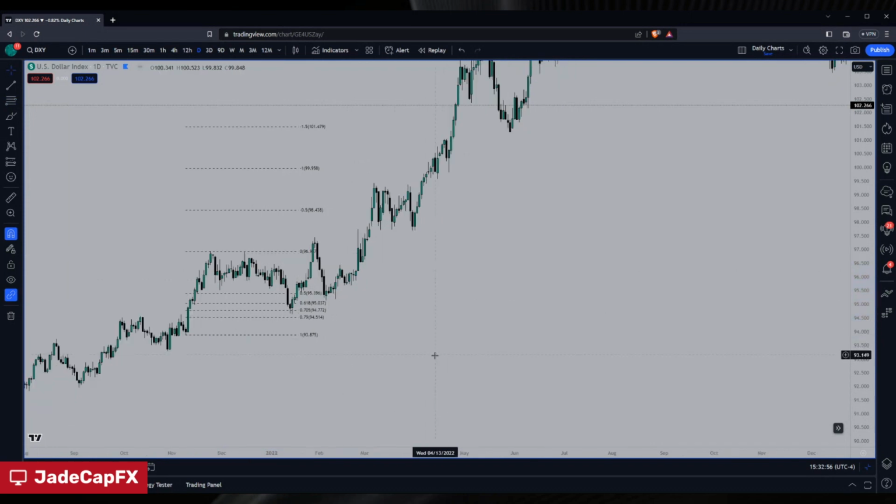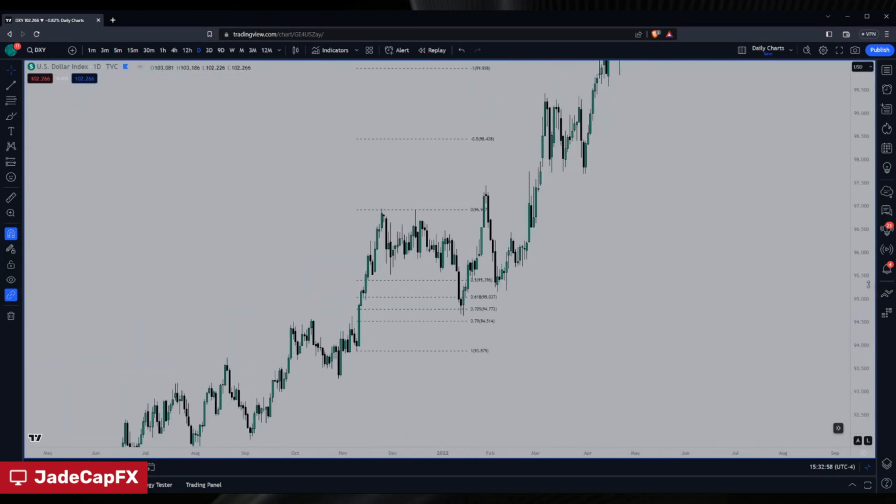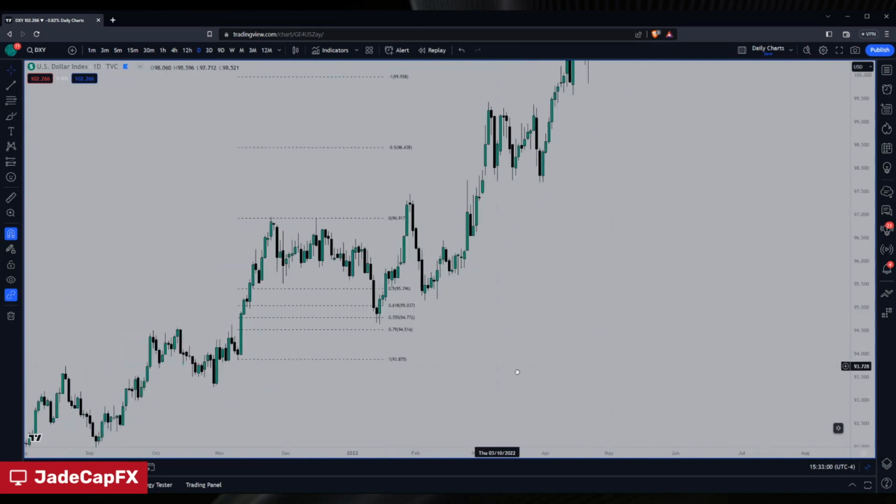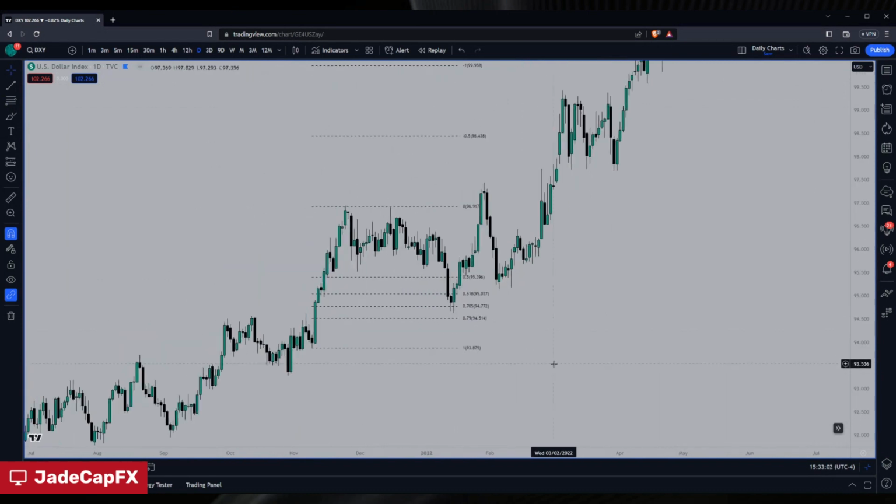Here's something really interesting that you guys should be looking into. When the markets have an impulse move away, what is going to be left behind at these discount levels?